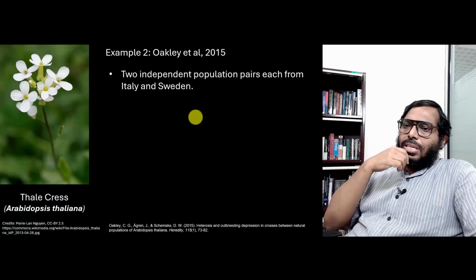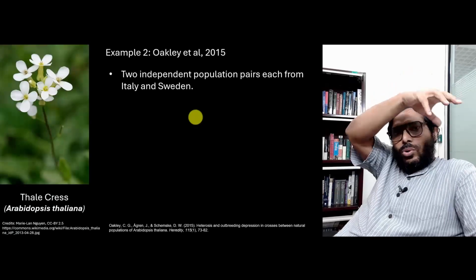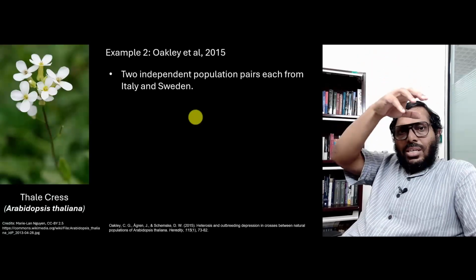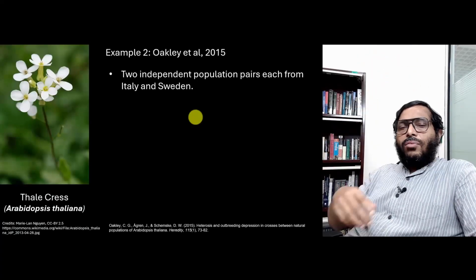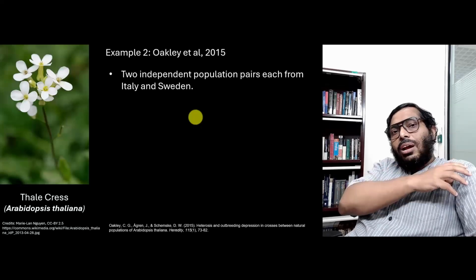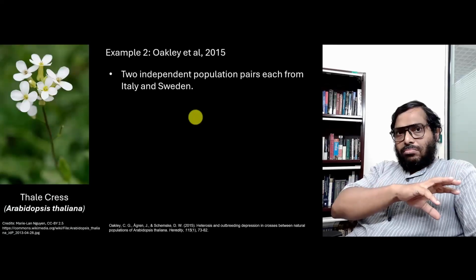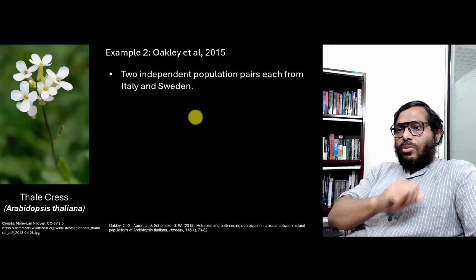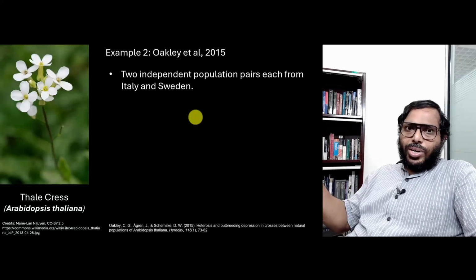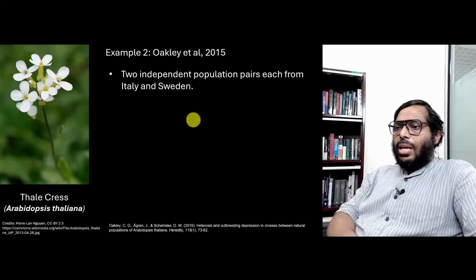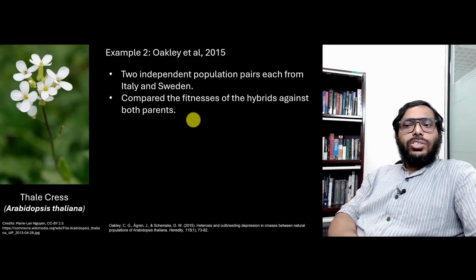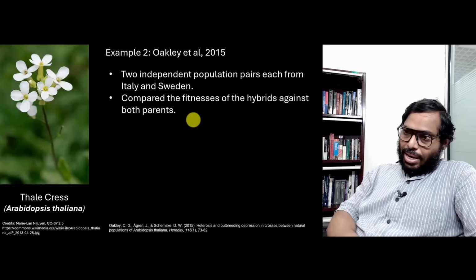Basically, they had two different locations in Italy, two different locations in Sweden. From each location they took two different populations. So, 2 plus 2, 4 populations from Italy, 2 plus 2, 4 populations from Sweden, paired them up, and then compared the fitnesses of the hybrids against both parents.